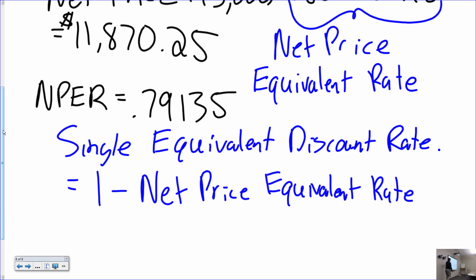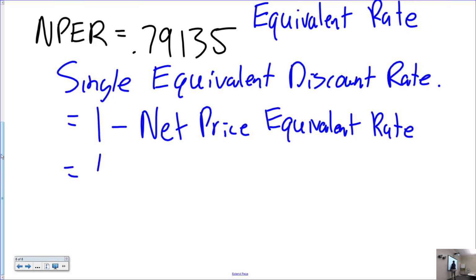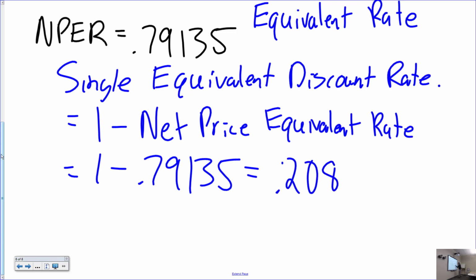So in theory, the single equivalent discount rate would be equal to 1 minus 0.79135. Excuse me. That would be 0.20865. And this is the way that you write all of your discounts as one number.